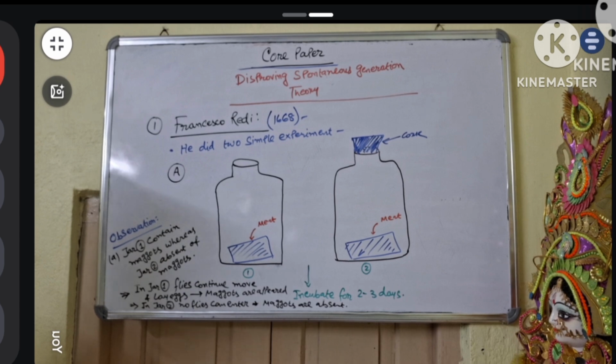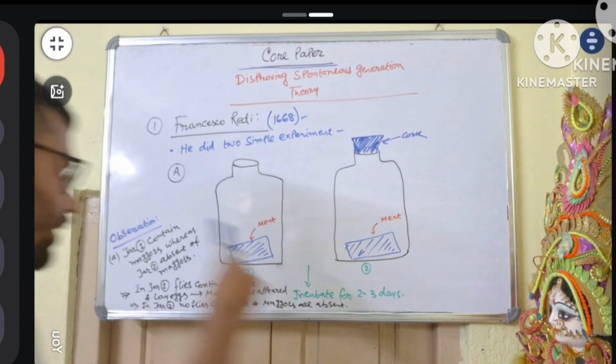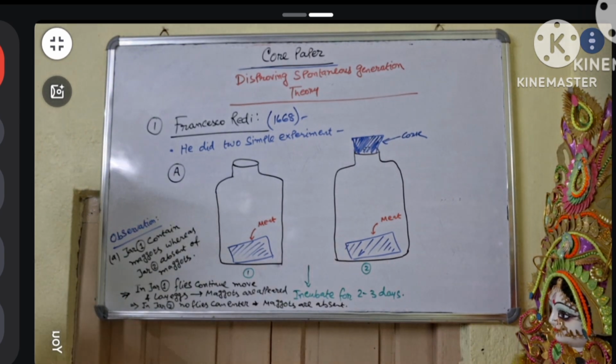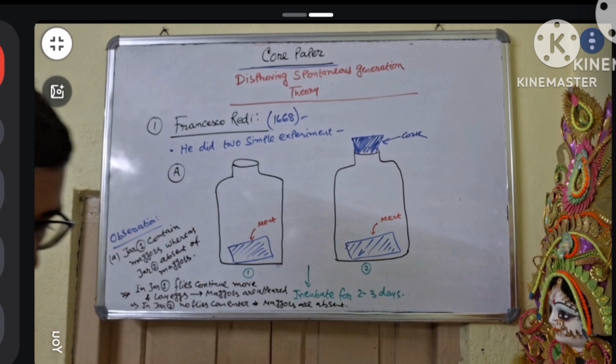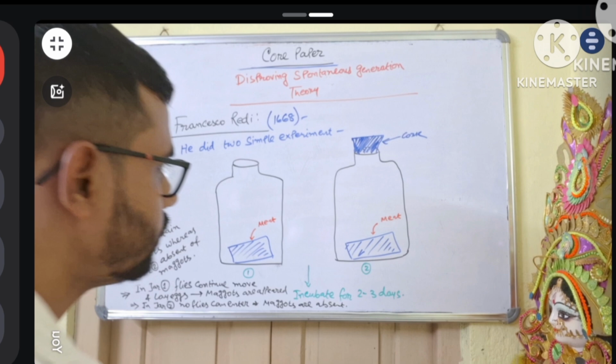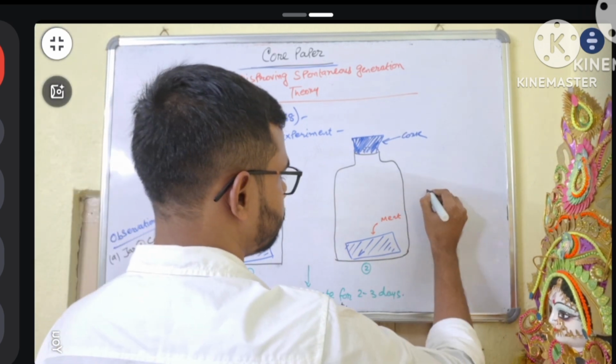Always critics appear, and your experiment is always opposed. So critics of Francisco Redi also appeared after this experimental result.